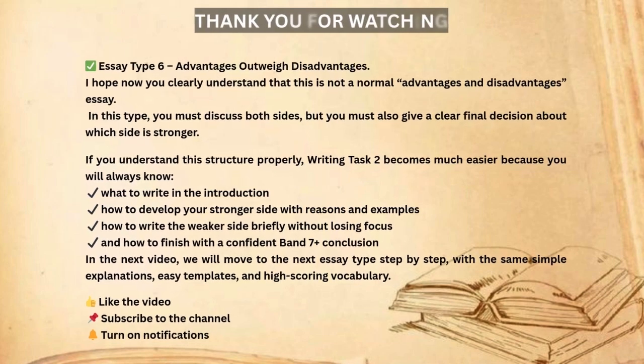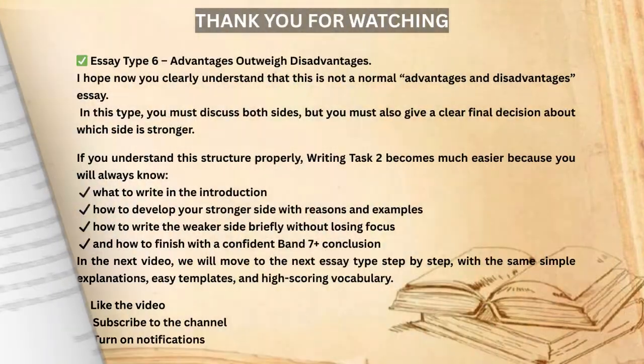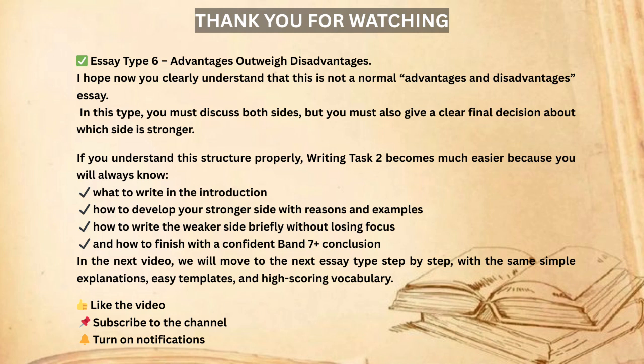Alright friends, we have now completed essay type 6, advantages outweigh disadvantages. And I hope now you clearly understand that this is not a normal advantages and disadvantages essay. In this type, you must discuss both sides, but you must also give a clear final decision about which side is stronger.